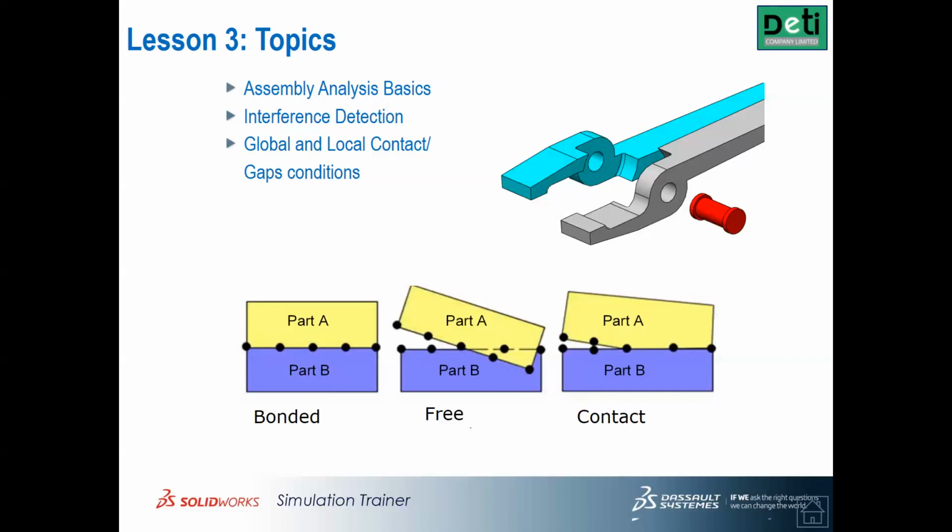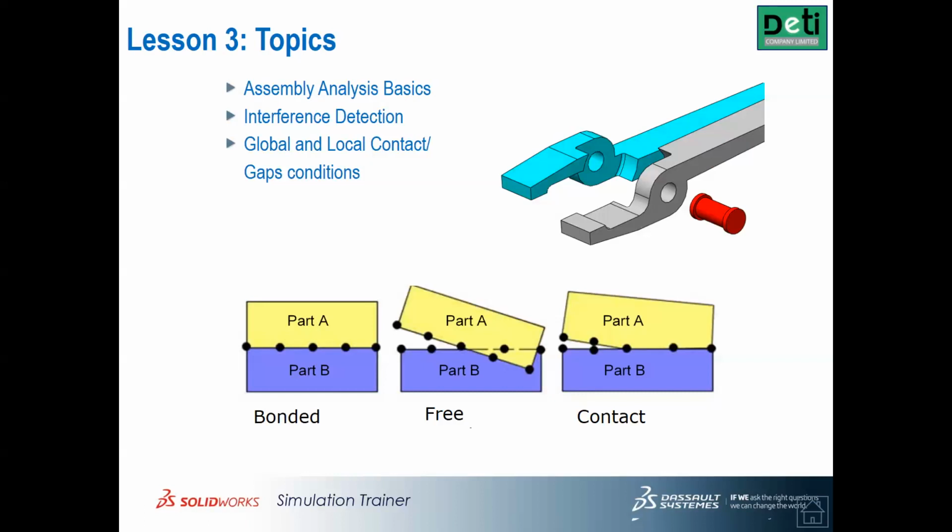Another contact is the free contact. In the new versions of the program, we use allow penetration. Allow penetration, or free contact, means two materials are allowed to overlap each other.